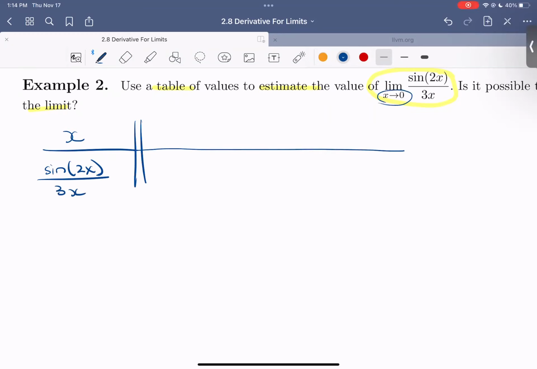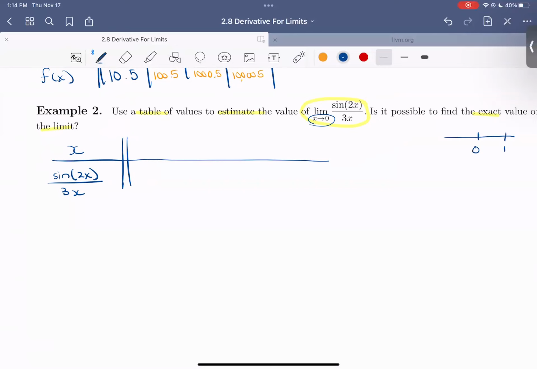So we want to approach 0 here. So maybe I'll start with 1/2 and then get closer and closer and closer. So I'm going to use the numbers 0.5, and I'm going to get closer by going 0.1, and then even closer 0.01, and even closer 0.001. And we'll see what happens with our outputs.